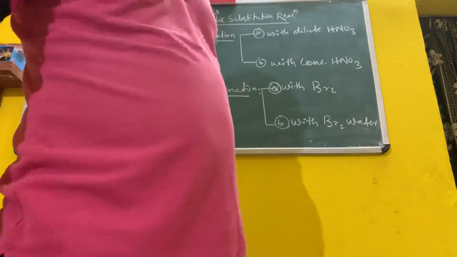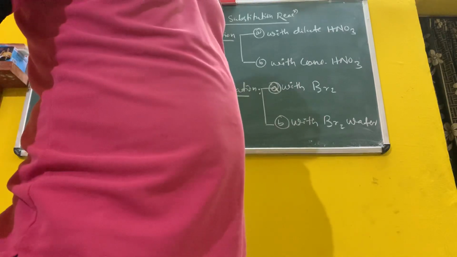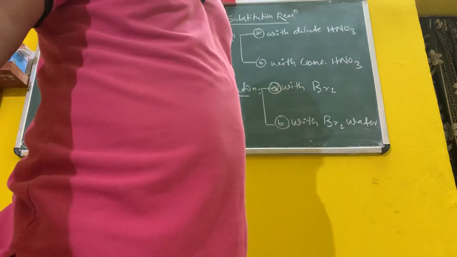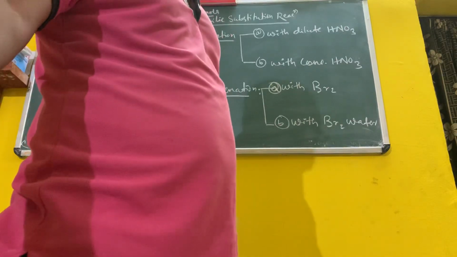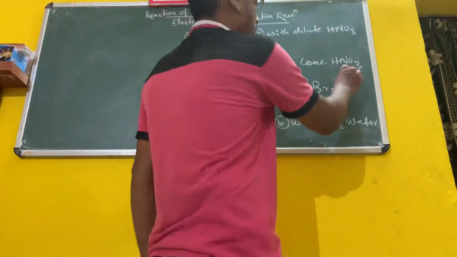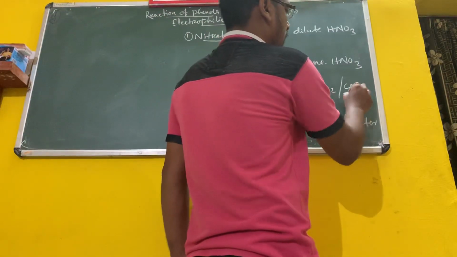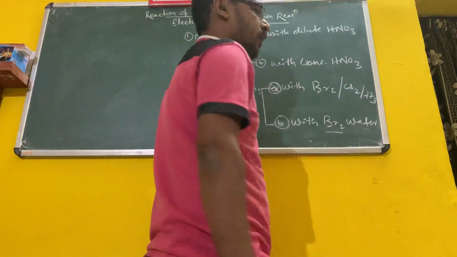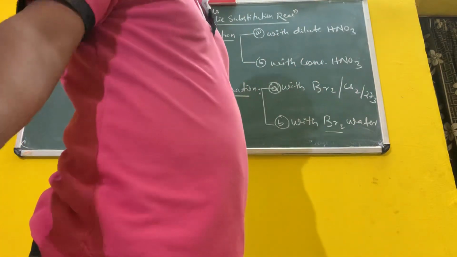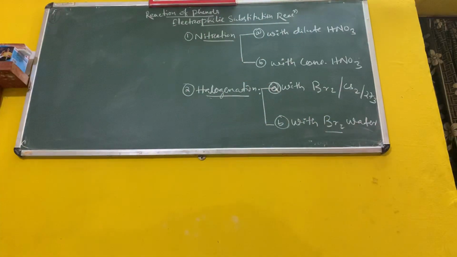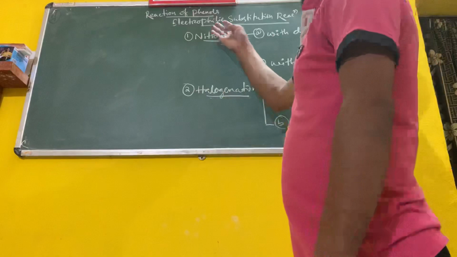With bromine there is only bromine; both are halogenation, but one is with water. If you react with bromine, then it is Br2 in CS2 at 273 K, and there is no need to give a catalyst. So, children, these are the types of electrophilic substitution reactions of phenols.